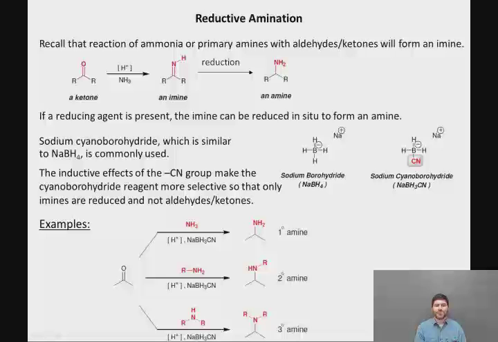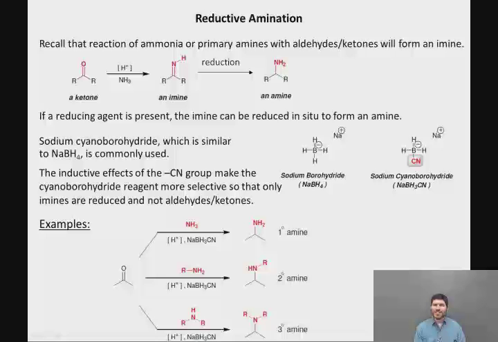If you use a primary amine as your amine, you're going to get a secondary amine. And if you use a secondary amine, you're going to get a tertiary amine. So in all cases, yes, you may need to start with an amine, but reductive amination is a reaction that takes a simpler amine and turns it into a more complex amine product.